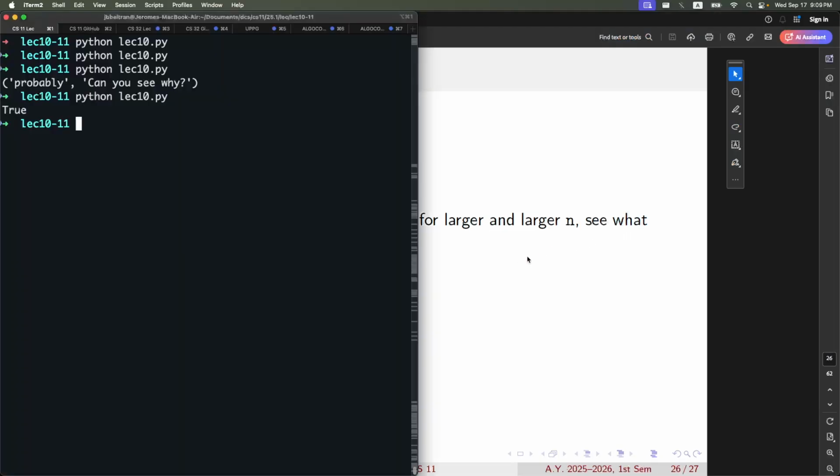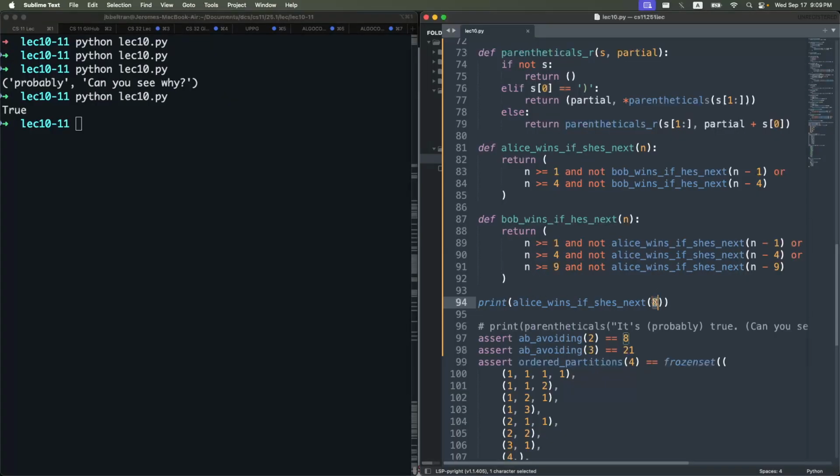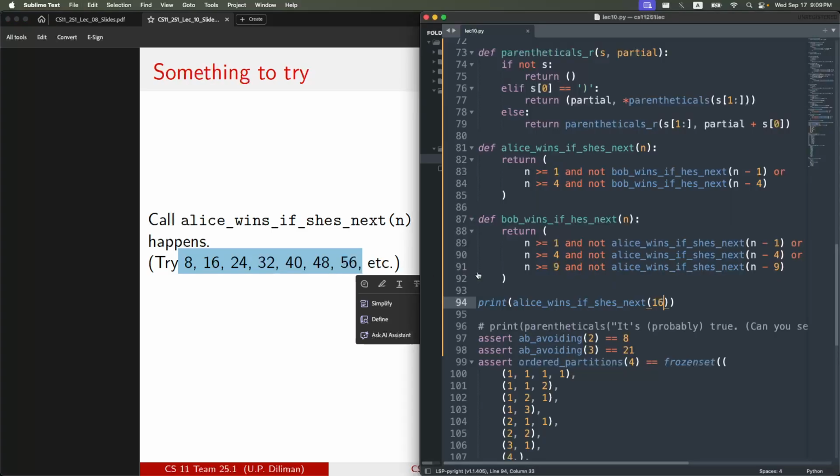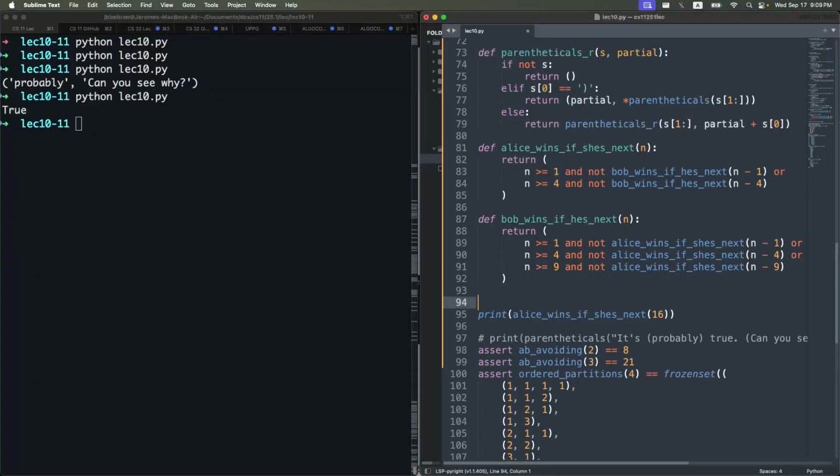How about 16 stones? Alright, let me copy the whole list so that I don't move through the slides every time. Okay. 16. Does Alice win with 16 stones? Okay, true. How about 24?